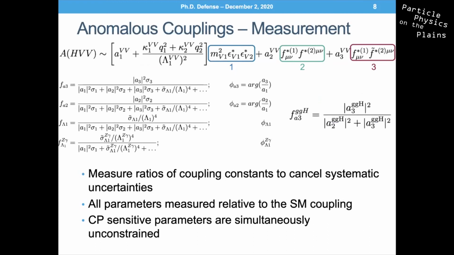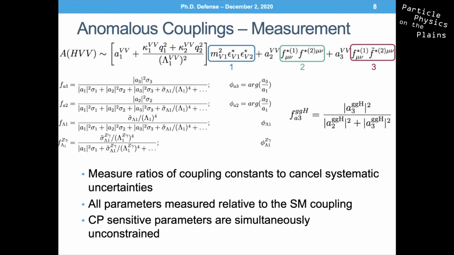So in practice, what we want to do is measure ratios of these coupling constants. That helps cancel out systematics, and then it gives us a nice fraction where we can measure some coupling constant relative to the pure standard model coupling constant, and it'll be nicely bound between 0 and 1. So you can see on the left, these are the 4 ratios we measure for the HVV vertex.